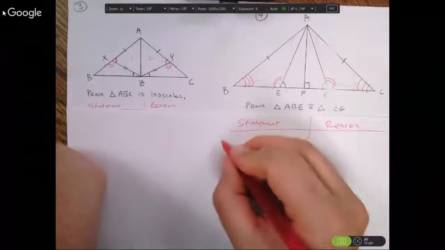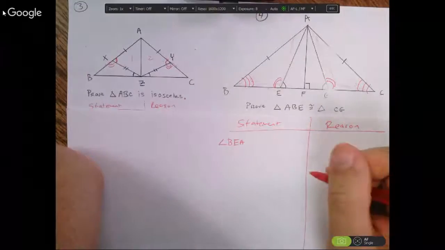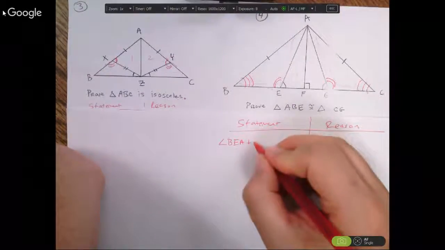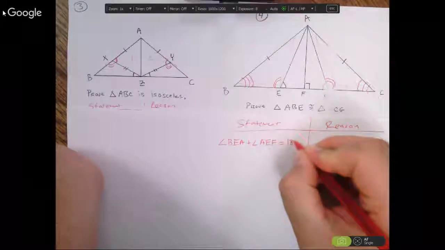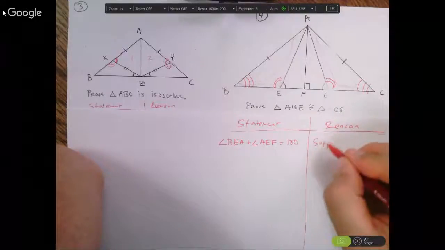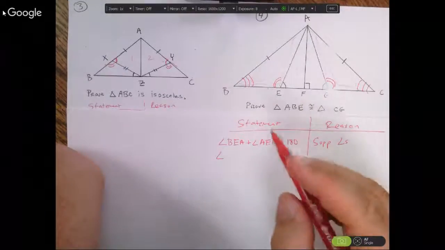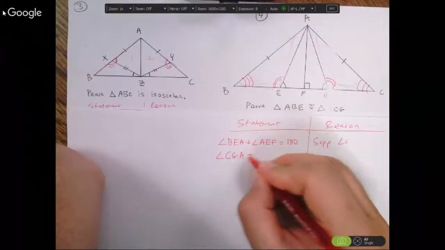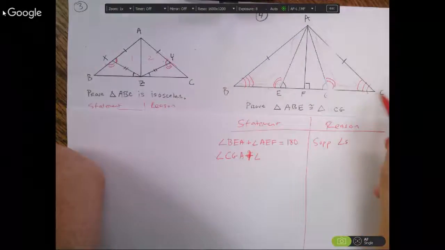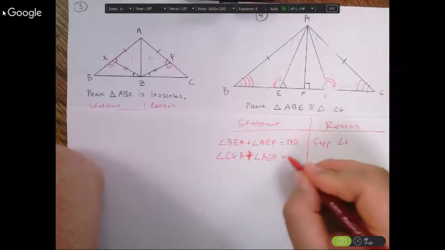So I'm going to start by saying that angle BEA plus angle AEF equals 180 degrees, and that's supplementary angles. And then angle CGA plus angle AGF equals 180.